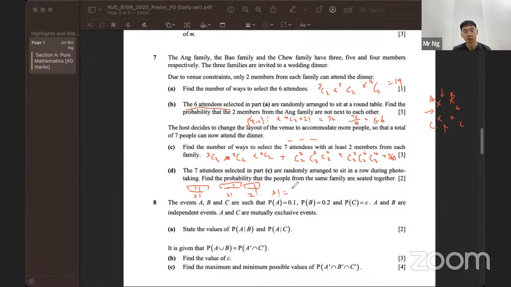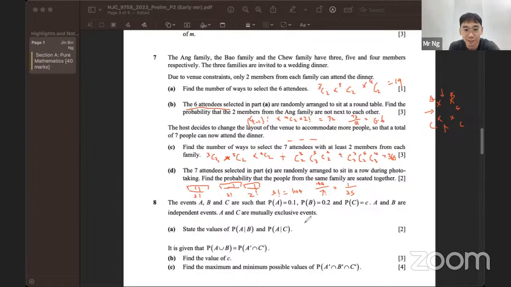That's 144. So 144 over 7 factorial equals 1 over 35. Okay, next. I'm pretty fast with stats.